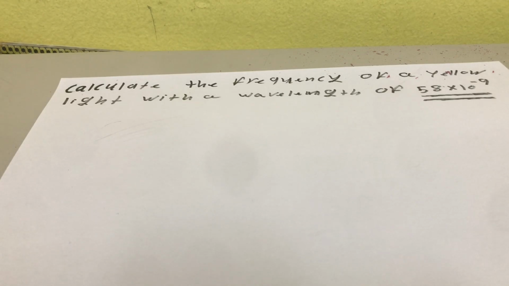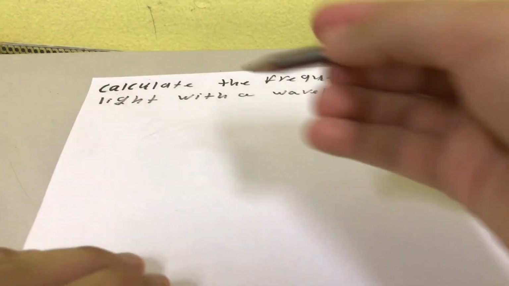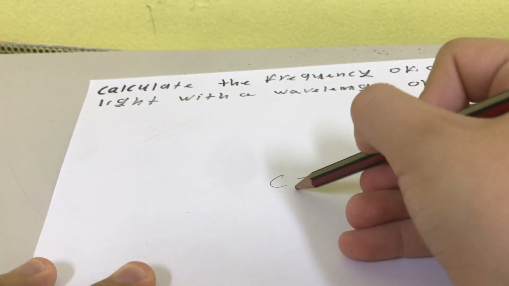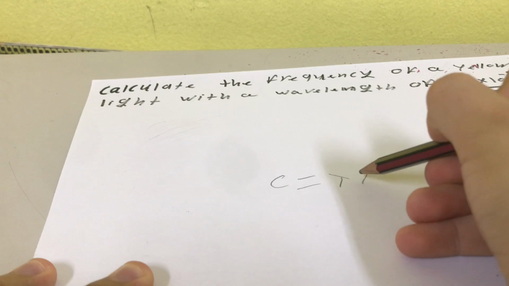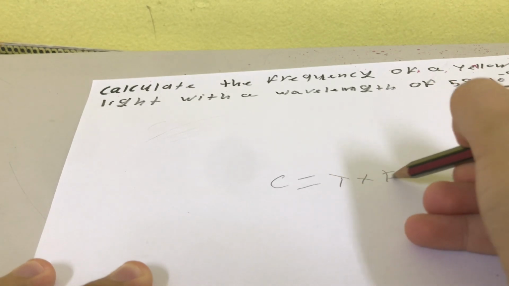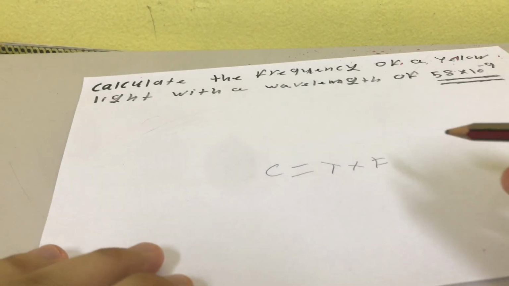Here's another example. Calculate the frequency of a yellow light with a wavelength of 58 times 10 raised to the negative 9th power. If we have a relation between frequency of light and wavelength, we use the formula C equals wavelength times frequency, or V, it doesn't matter.